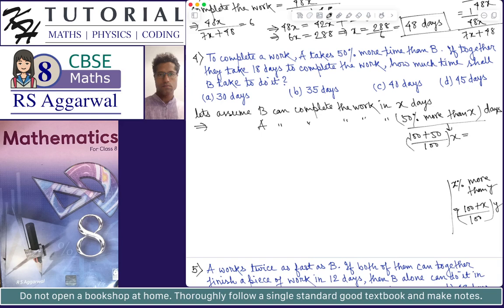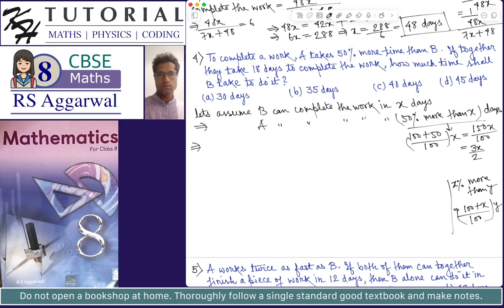After cancellation this will be 3X by 2. So A can complete the work in 3X by 2 days.